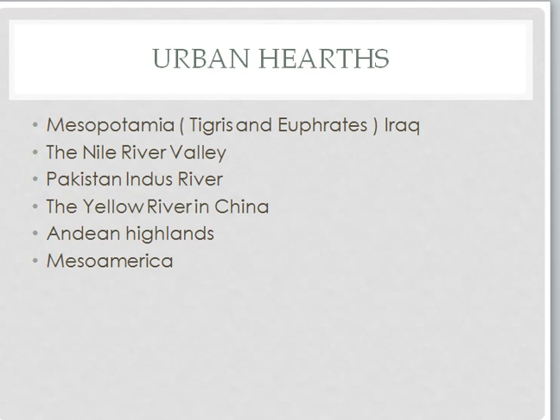I think everybody in elementary school learns about the Tigris and the Euphrates Valley, the cradle of civilization, and that's still considered by many to be one of the agricultural hearths and therefore one of the oldest urban settlements. The Nile River Valley was also an agricultural focus, as was Pakistan along the Indus River, China along the Yellow River, and then Middle America and the Andean highlands.